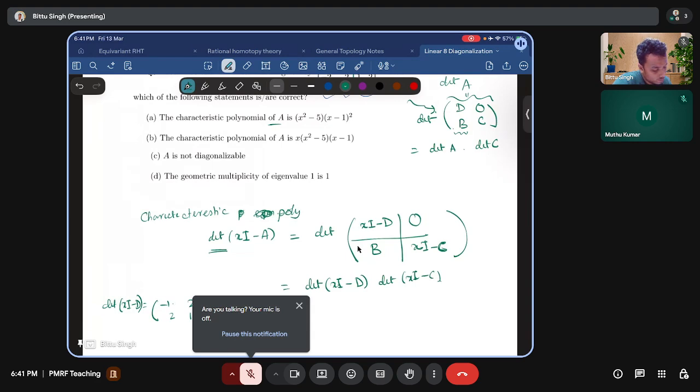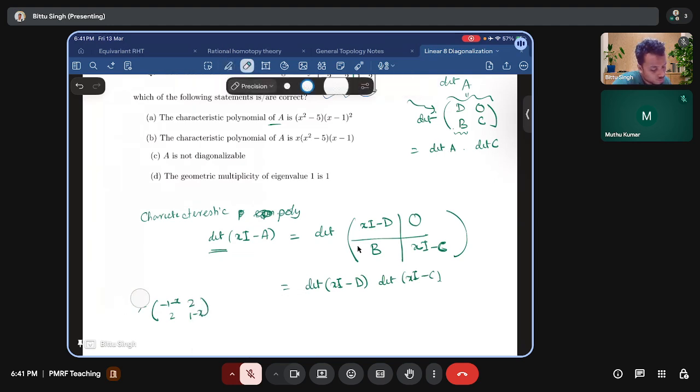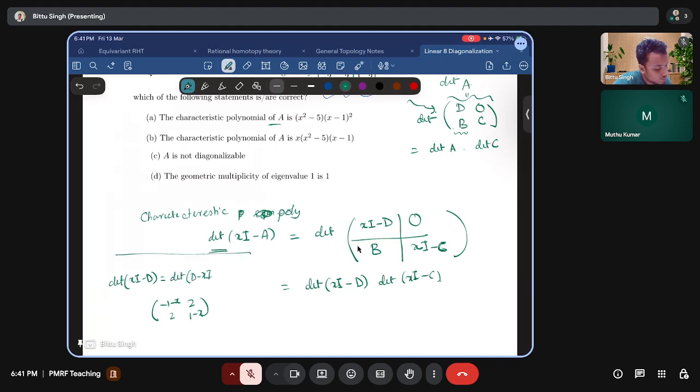If we subtract x, because it is a 2 by 2 matrix, the determinant of xi minus D is the same as the determinant of D minus xi, since D is a 2 by 2 matrix.